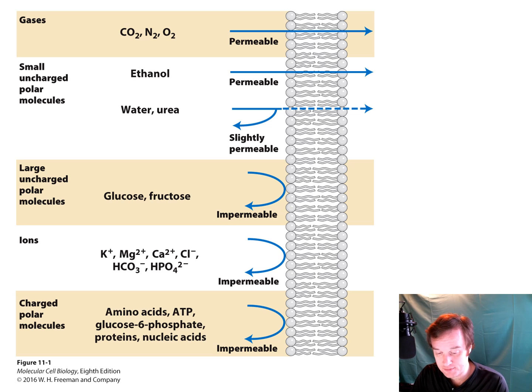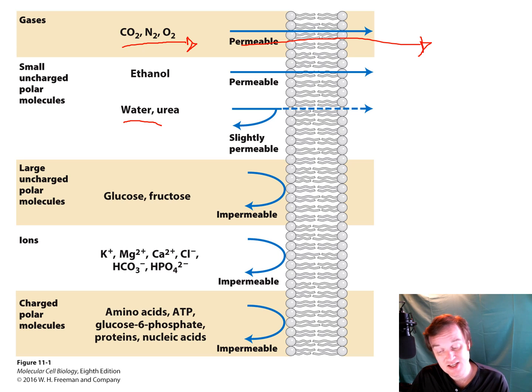So there are a lot of gases, such as carbon dioxide, nitrogen, and oxygen, that are small, uncharged, and water soluble. So they'll diffuse right through the membrane. There are also some molecules that are slightly permeable, like water, urea, and ethanol, which is nonpolar.